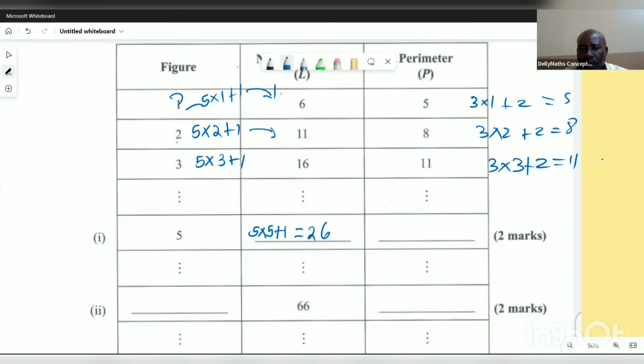So we're definitely seeing what's going on. So I could figure out this. It's going to be 3 times 5, which is 15, and I'm going to be adding 2 more, and that's how we get 17 here. So observing the first column in relation to the third column, we're getting 3 times the nth term plus 2.